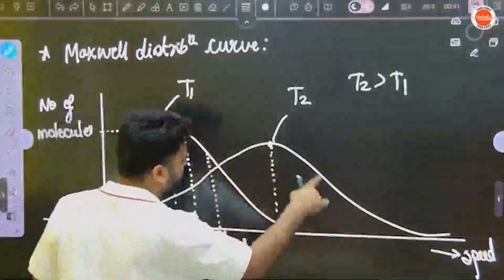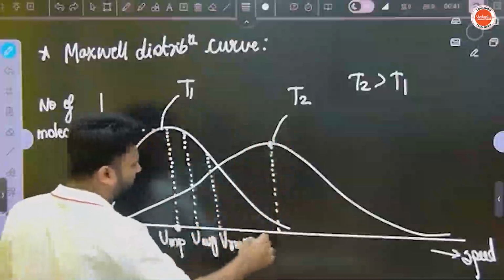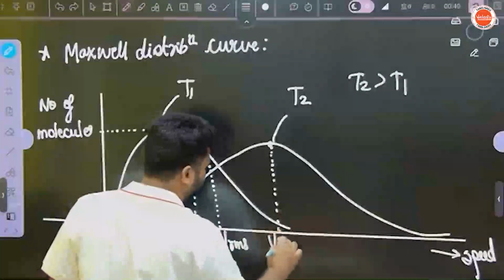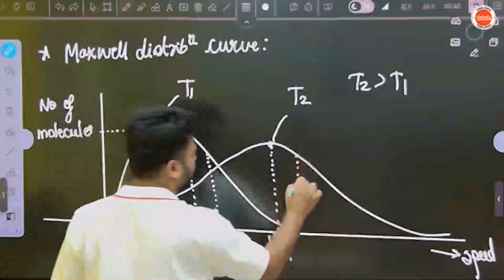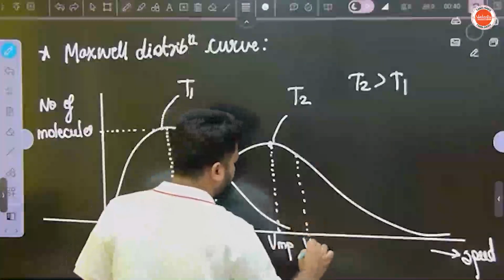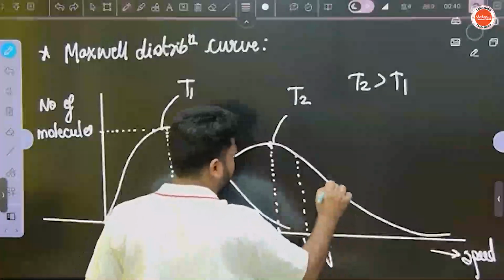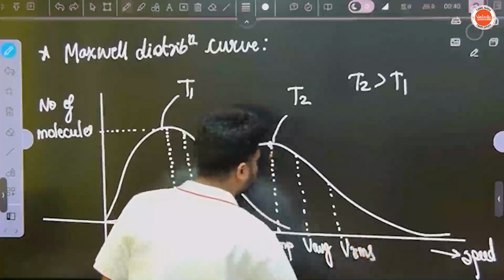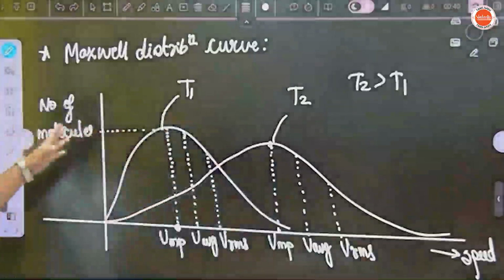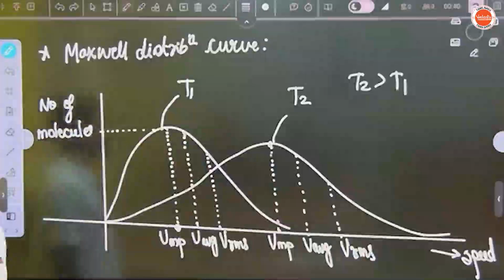For this T2, because T2 is more, the speed will also be more. So V most probable will be here. Similarly, V average will be here. Similarly, V RMS will be here. So this is Maxwell's distribution curve.